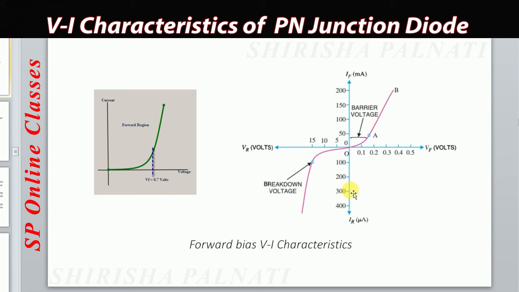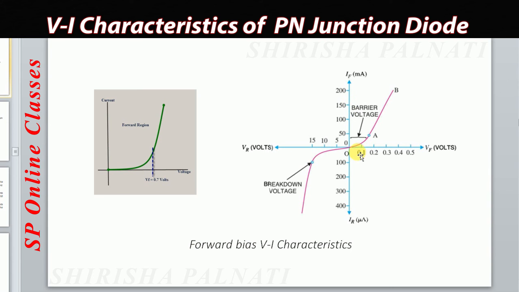Then we apply the input voltage, that is the external voltage, and see the output in the ammeter. We take the values using the ammeter as we increase the external voltage values, and using those values we draw this diagram.